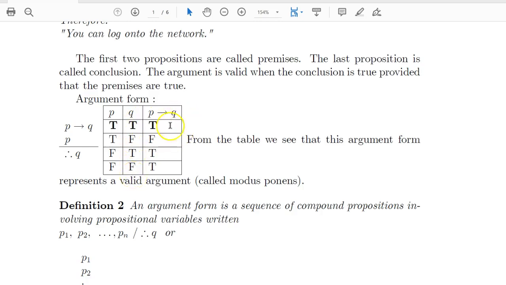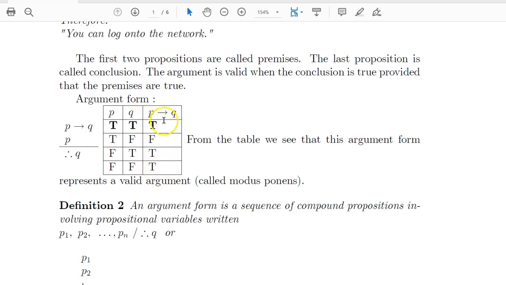And then we must construct a column for each premise and for the conclusion. We already have columns for P and Q. So we have a column for the conclusion, a column for one of the premises. We need a column for the first premise, if P then Q. So write a column, label it with if P then Q, and then fill out the values.